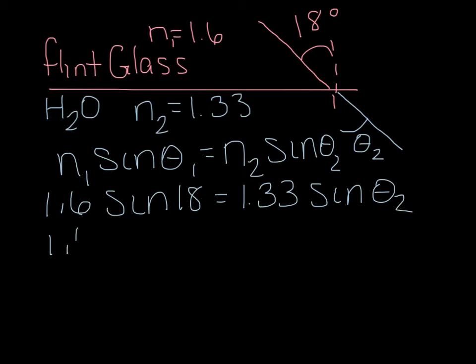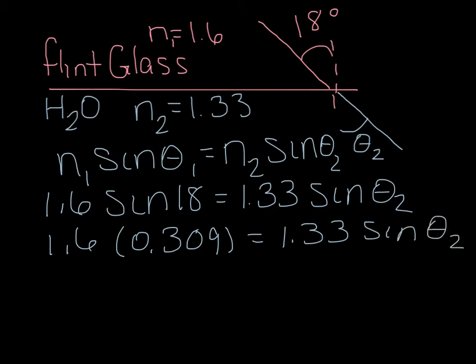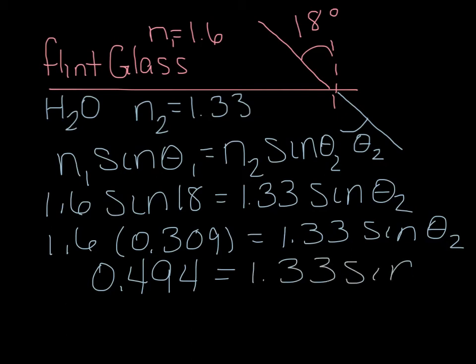1.6 times the sine of 18. The sine of 18 is 0.309, and 1.6 times 0.309 is 0.494, and that equals 1.33 sine theta 2.